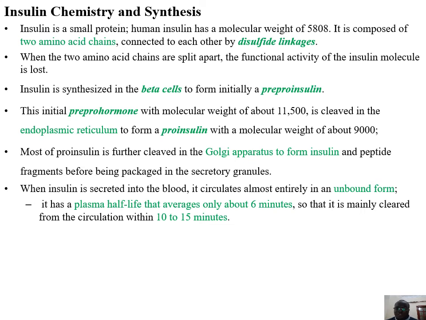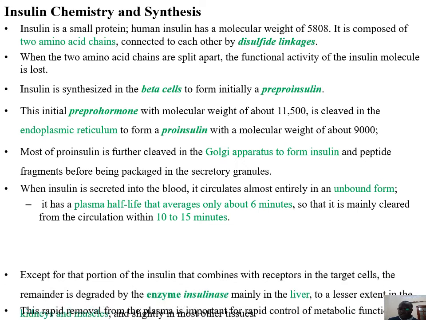The half-life of insulin is 6 minutes, so it is mainly cleared from the circulation within 10 to 15 minutes. So within 10 to 15 minutes, you won't find the active insulin after it has been secreted.